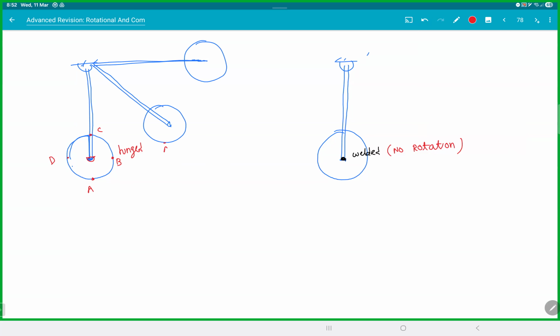A is here, B is here, C is here, D is here. Did you observe something? If you look at this line AC, this line AC never rotates, isn't it? And if you actually draw the paths now, you will notice A is going like this, C is going like this, the center is going. Can you see these are equal parallel paths? Every point on this is going in equal parallel paths. So this is pure translation.